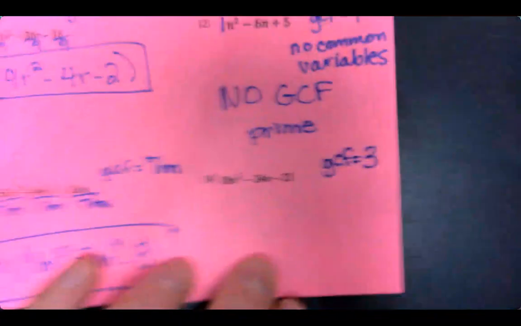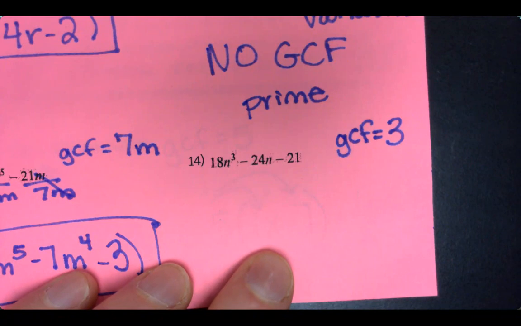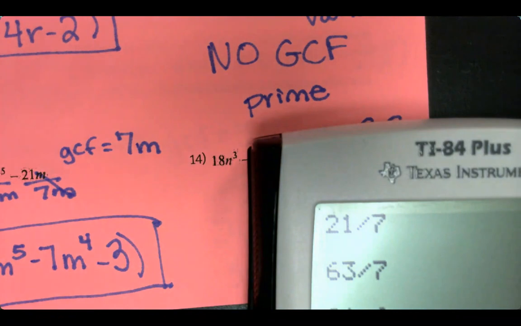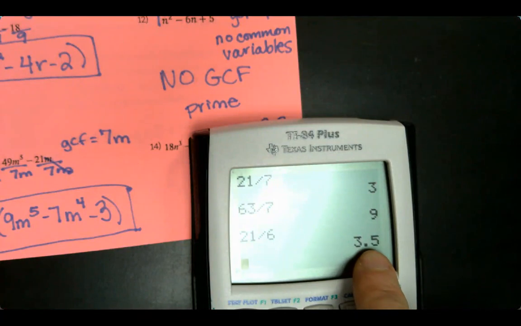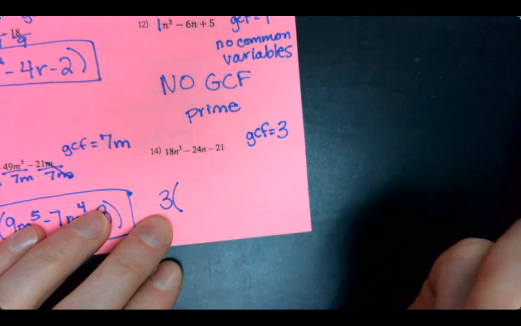Then I look and see, do they have any variables in common? And they don't. It's not 6 because it doesn't divide it evenly. Evenly means without decimal. Okay, so 3 is our GCF.